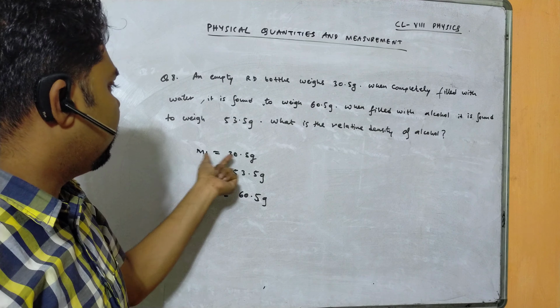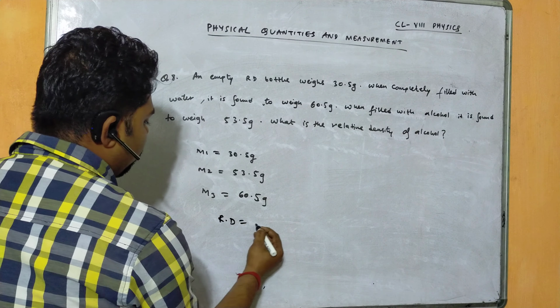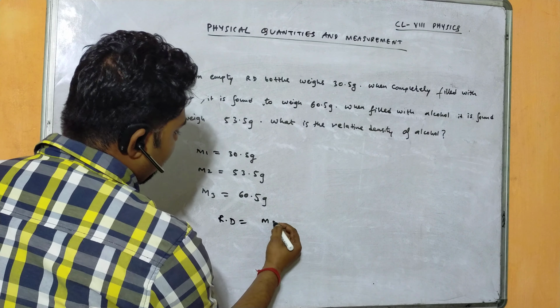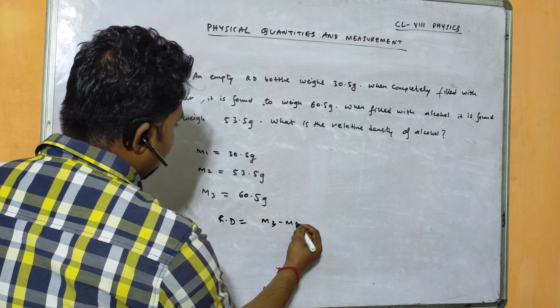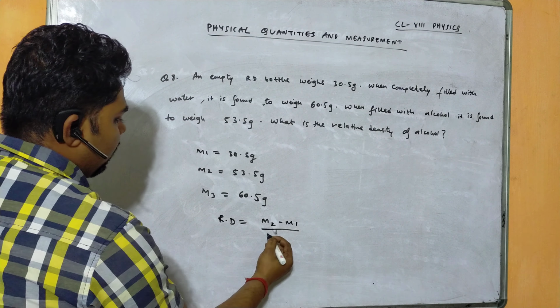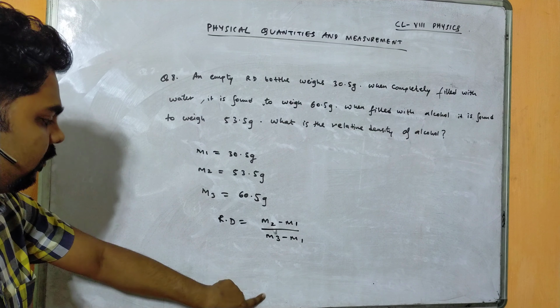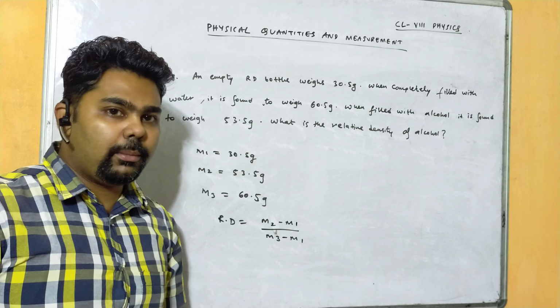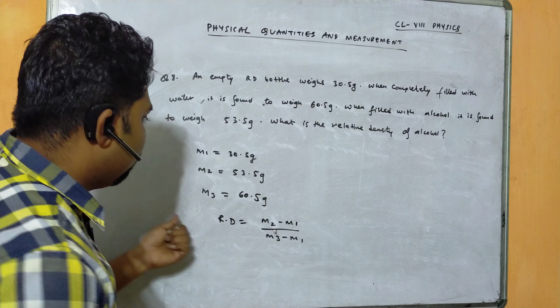And the empty bottle mass is M1. So we need to calculate the relative density. The formula is M2 minus M1 divided by M3 minus M1. You will remember this formula.